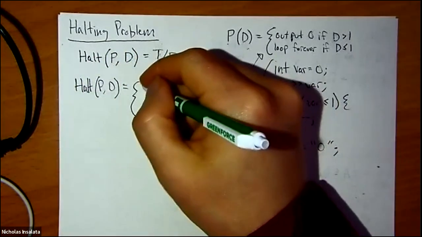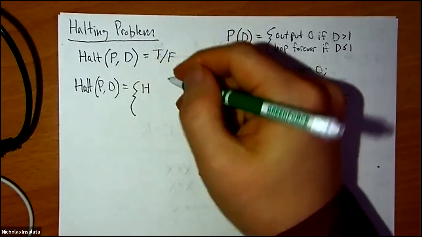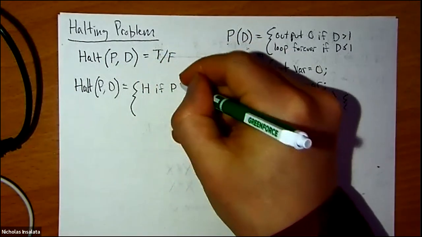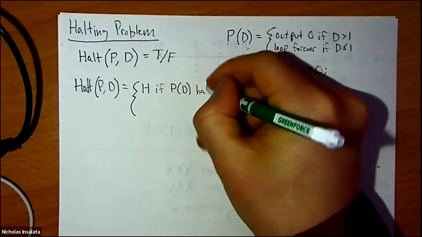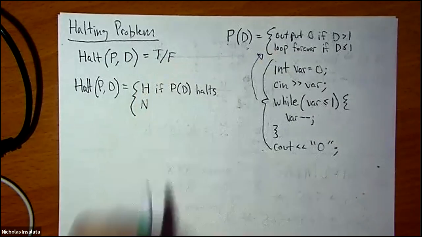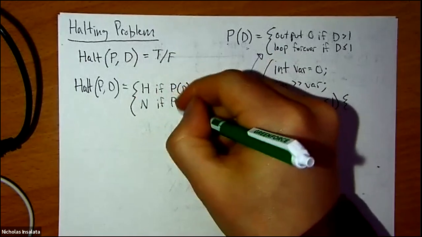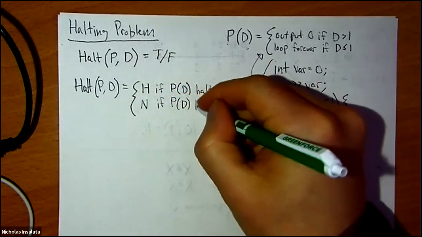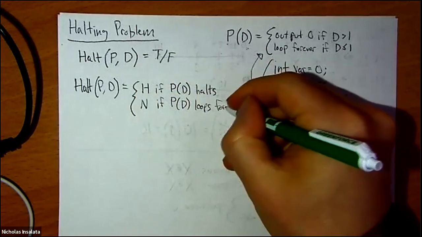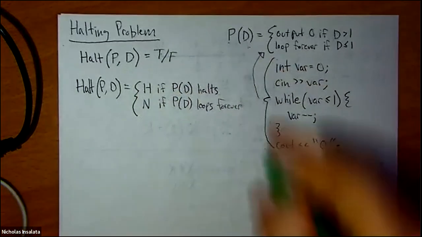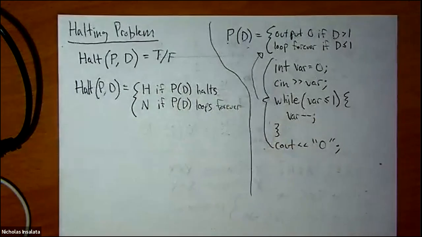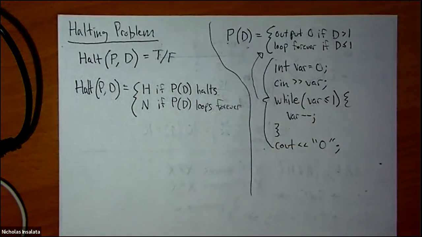It's going to print out H if the program running on that data halts, and it'll print out N for no if the program run on the data loops forever. Okay, that's my definition of halt. People still happy with the notation? Okay.